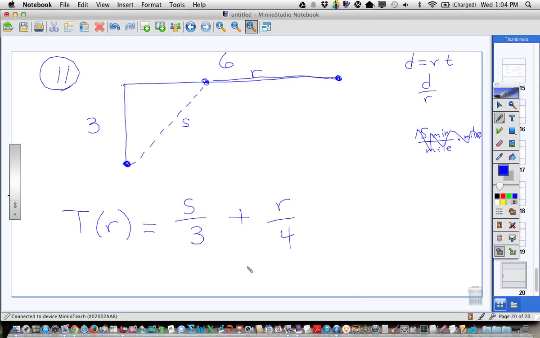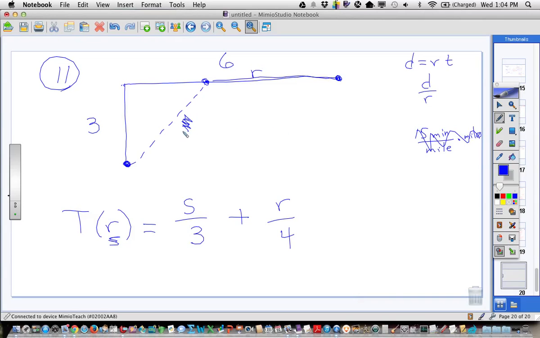Now what's wrong though with leaving this? We got to have it as a function of R. So we can't have an S in there. So we need to get another way of writing that. Ideas?